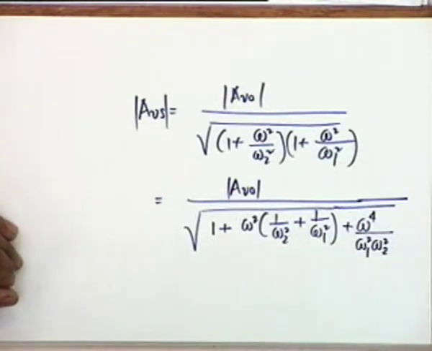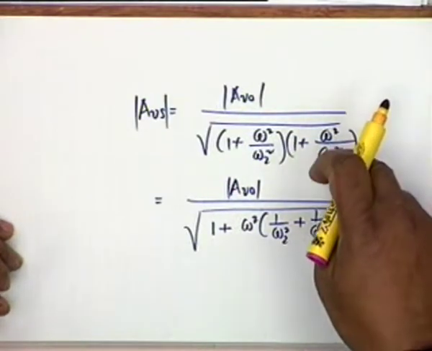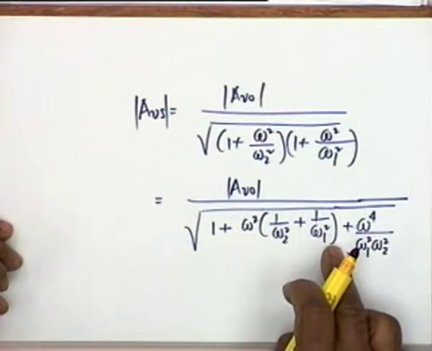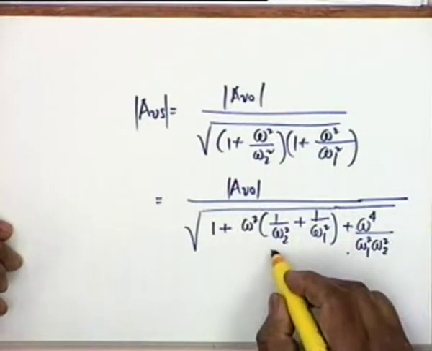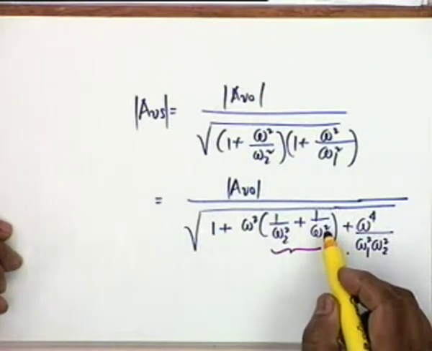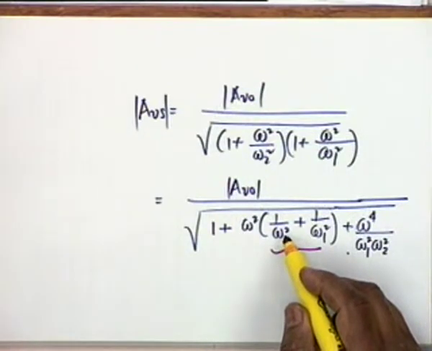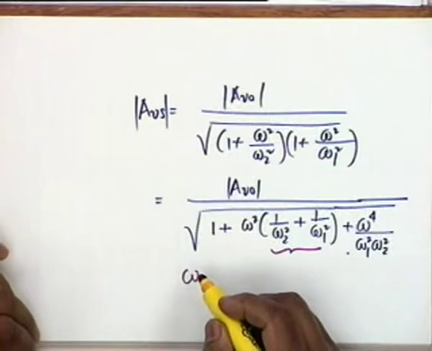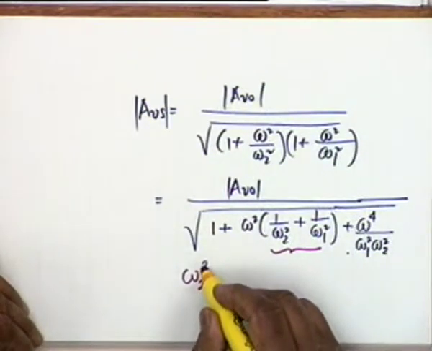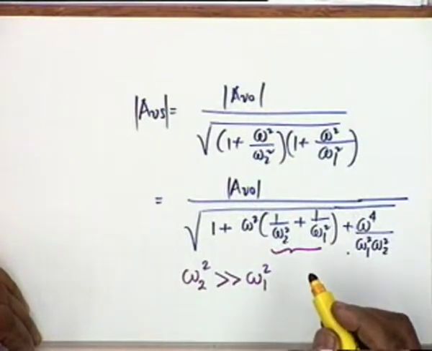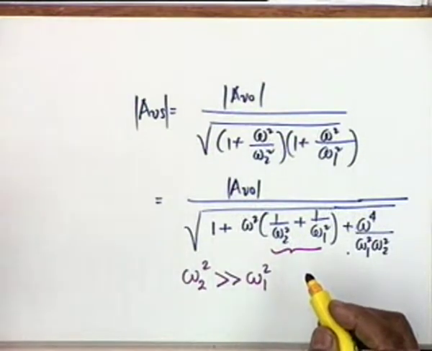If omega by omega 1 is of the order of unity, then this term can be ignored. This term will be much smaller than this term, and in this term the relative values are of omega 1 squared and omega 2 squared, not omega 1 and omega 2 by themselves. So, all that we need is not omega 2 much greater than omega 1, but omega 2 squared much greater than omega 1 squared. And in this case it is, the ratio is 36, which is much greater than 10.